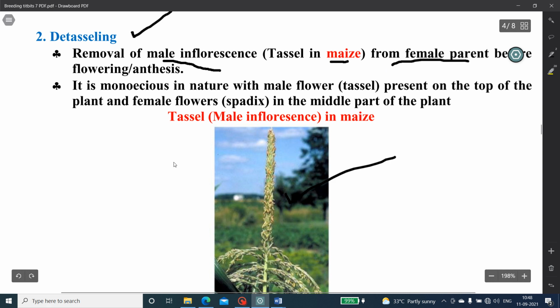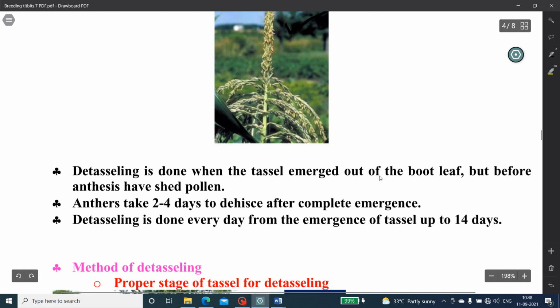You should not remove the tassel from the male parent, because the male parent will supply pollen to the detasseled female parent. And as I told, it is monoecious in nature. The male flower is the tassel, which is present on the top of the plant. Female flowers are the spadix, which is present in the middle part of the plant.